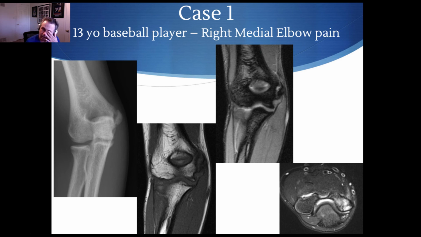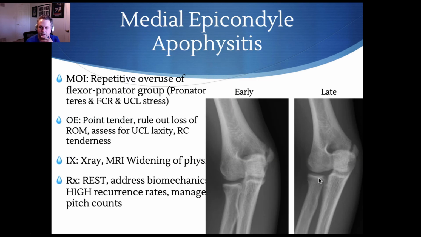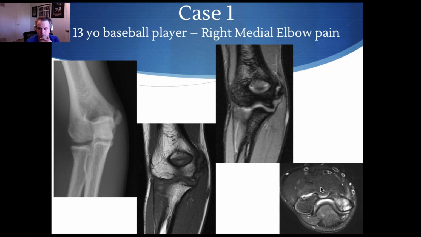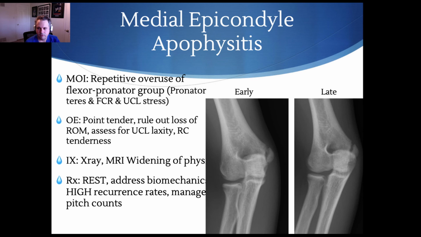On the second coronal MRI, you can see some edema through the physis, the physeal plate between the humerus and the medial epicondyle, and then on the axial you can see the bony edema at the site of the medial epicondyle. So this is also known as little leaguer's elbow, repetitive overuse of that flexor pronator group.